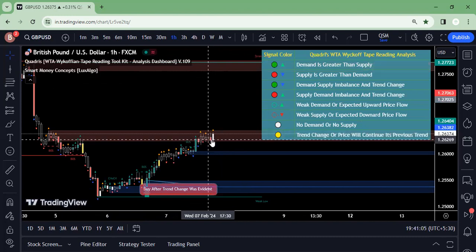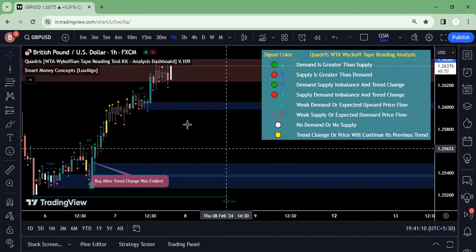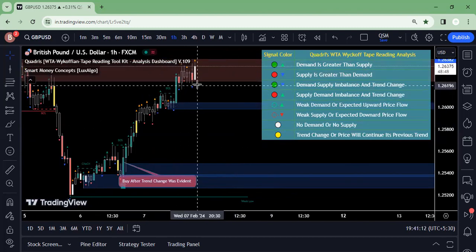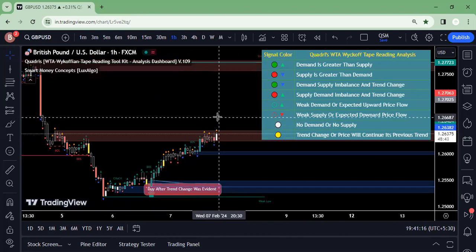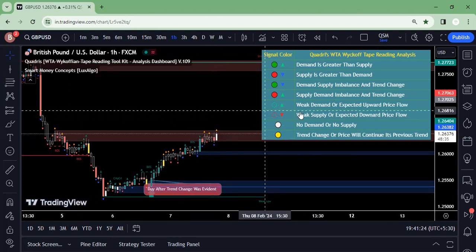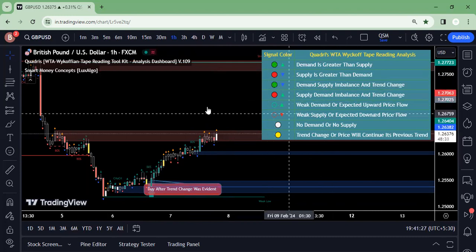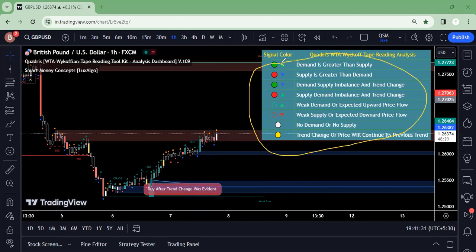So this has to prove itself. After conclusion, you can see this candle, what is it? Will it be a no demand, or will it be a demand greater than supply candle, or whatever, as per this entire analysis dashboard.